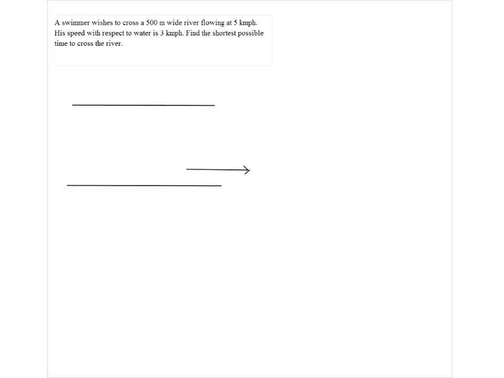So here we go. Velocity with respect to water is 3. Fine. And he wants to go straight with respect to the river. So this is velocity of swimmer with respect to river. But then river will push him. That is velocity of river with respect to ground.